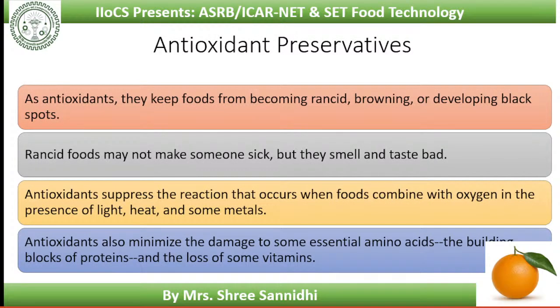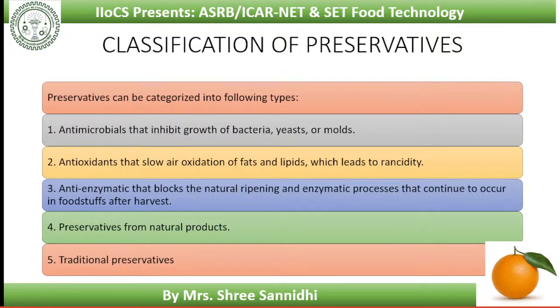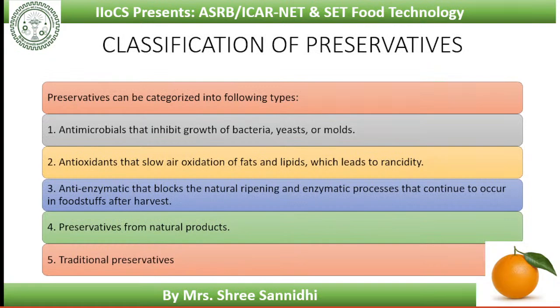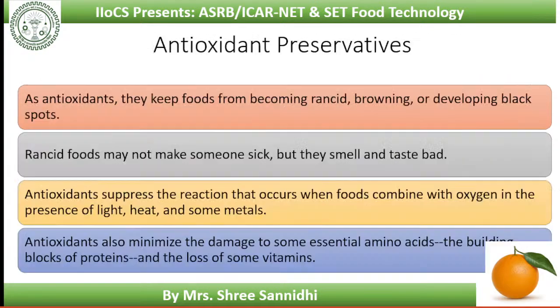So let us see different types of preservatives based on the first type of classification we saw. All these five types come under the second type also, as it has more detailed classification. We'll look according to the first classification. So the first type is antioxidant preservatives.